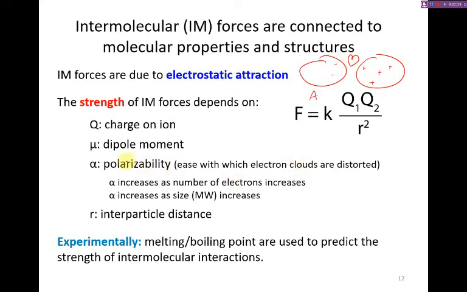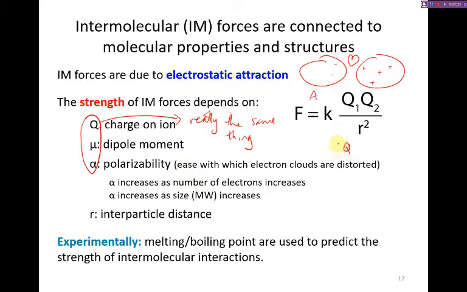And the strength of these forces depend on the charge of the ion or the dipole moment or the polarizability. All of these are really the same thing. They're just the extent to which the particle has a charge.